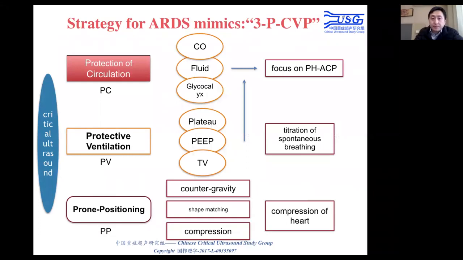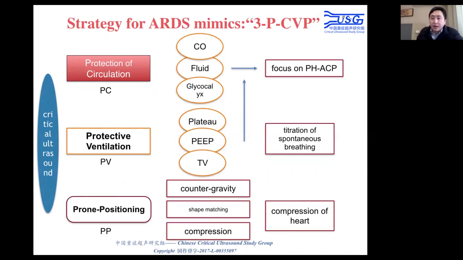So here is a summary of the strategy for ARDS mimics. Also, the strategy is very useful for us to treat COVID-19 patients in the intensive care unit.